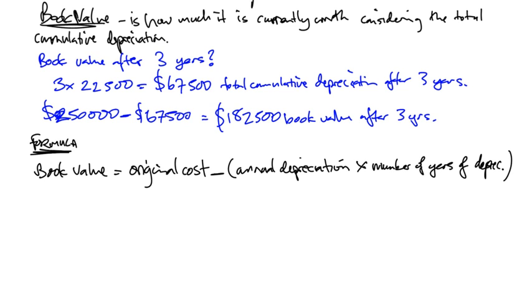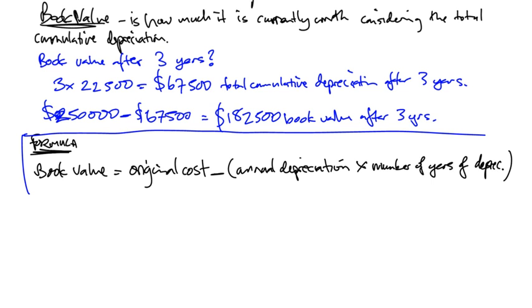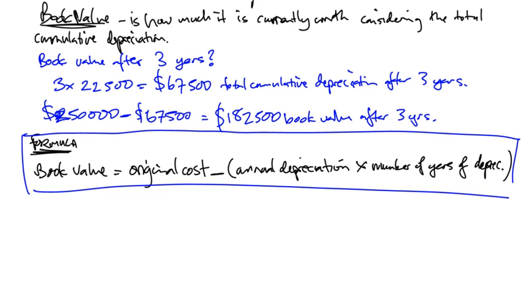I'll just write a shortened version of that on the side. So that is your formula for working out the book value for any length of time for straight line depreciation. You just have to change the number of years of depreciation on the right hand side there.